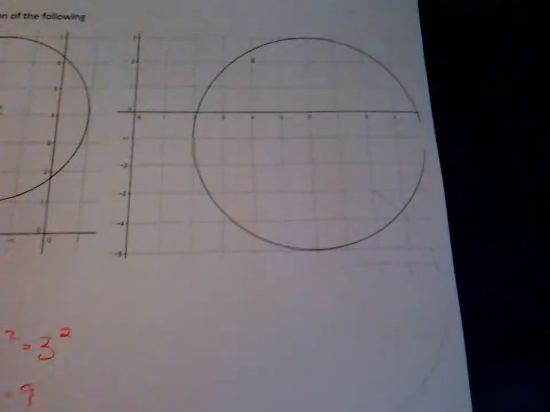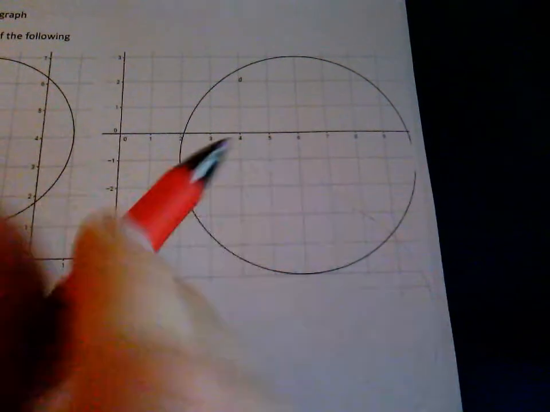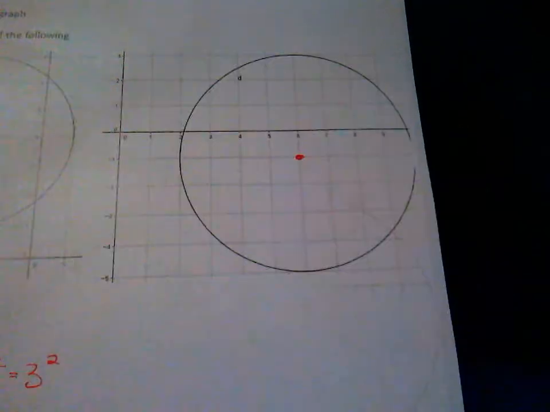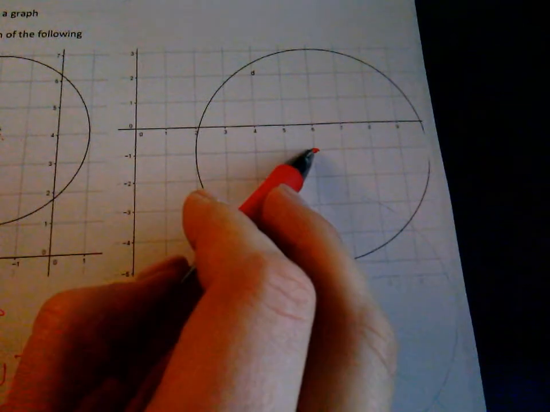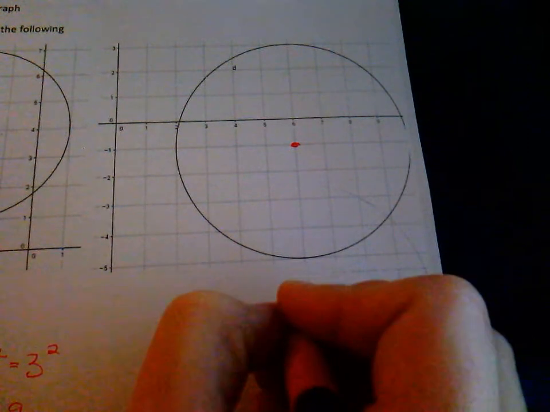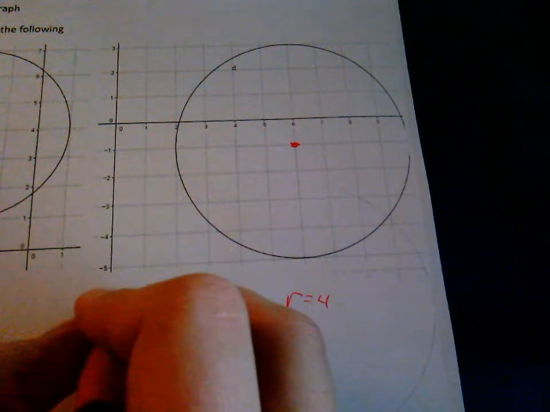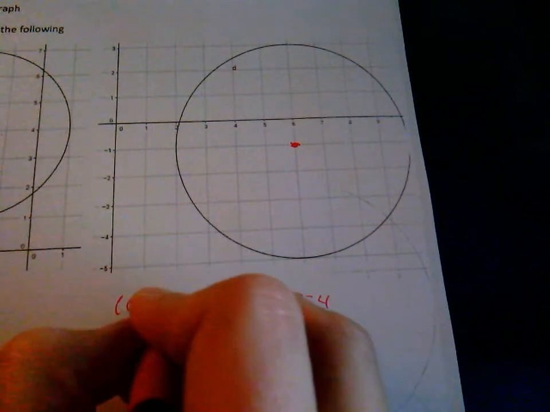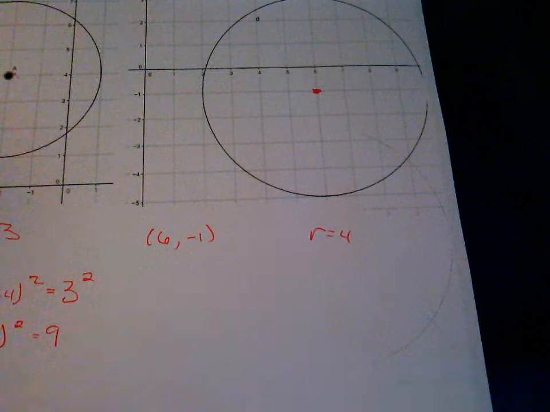Now sometimes they're not going to give you the center, so you've got to find the center. I think the center usually looks right about there. Okay, so I'm going to count to the edge. 1, 2, 3, 4. So r equals 4. My center is at (6, -1). So all I've got to do is plug this in.